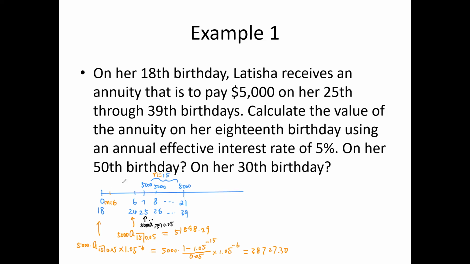And then when you discount back to time zero, you have 1.05 to the negative 7, because there are 7 periods when you discount back to time zero.